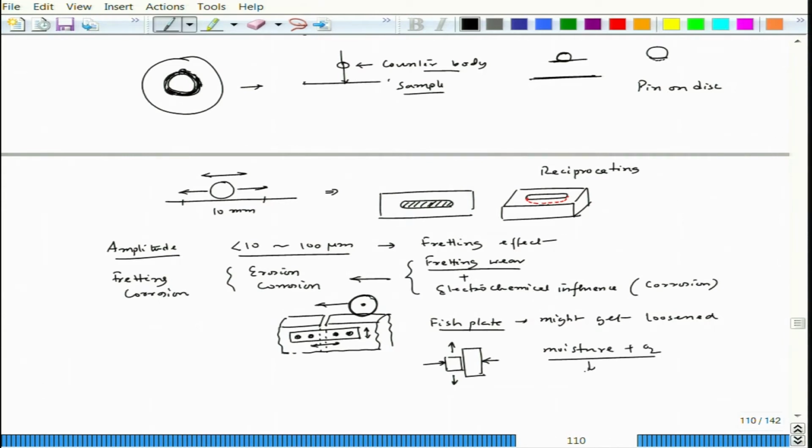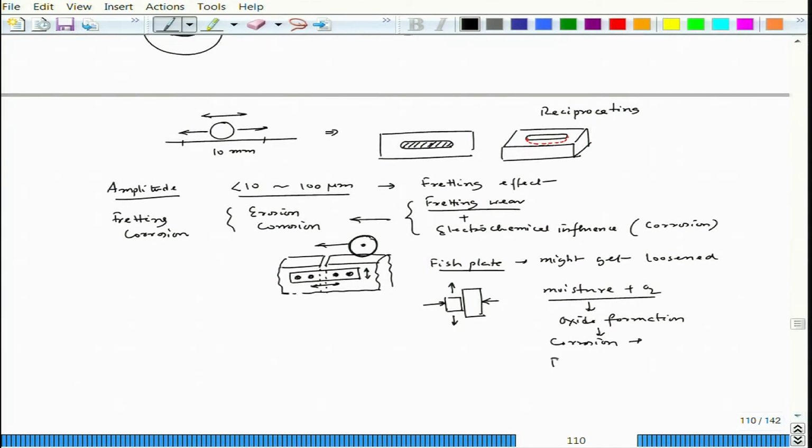That would definitely lead to oxide formation, and this oxide formation is basically taking place due to corrosion. Why? Even if we consider iron, Fe minus 2e equals Fe2+, and then Fe2+ will react with H2O in presence of oxygen, that would form Fe(OH)2.